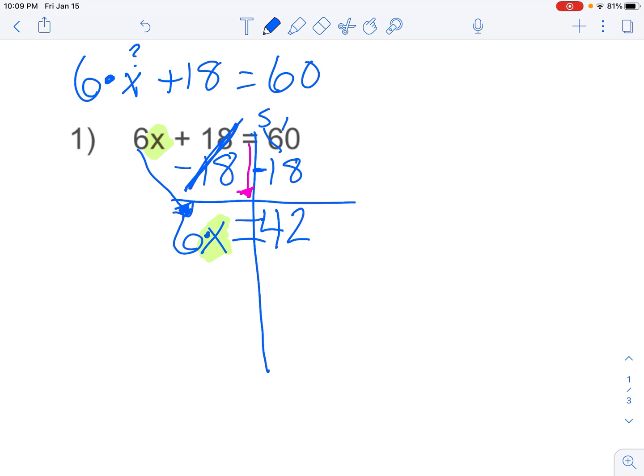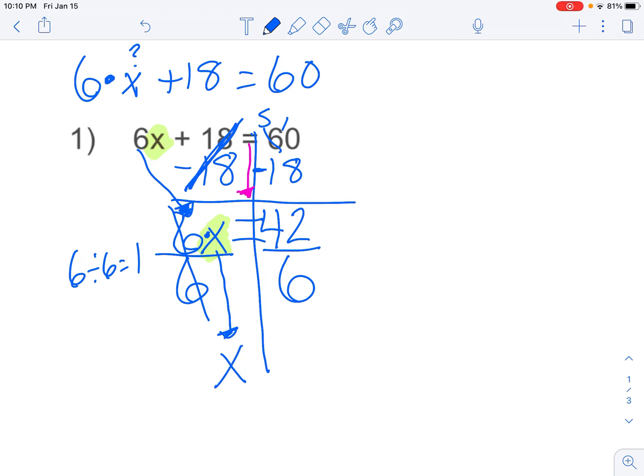To get x alone, I'm going to divide by 6 and divide by 6 on this side as well, because what you do to one side, you do to the other. 6 divided by 6 on this side equals 1. So x is now all alone. You could write 1x, or it's the same thing as just writing x.